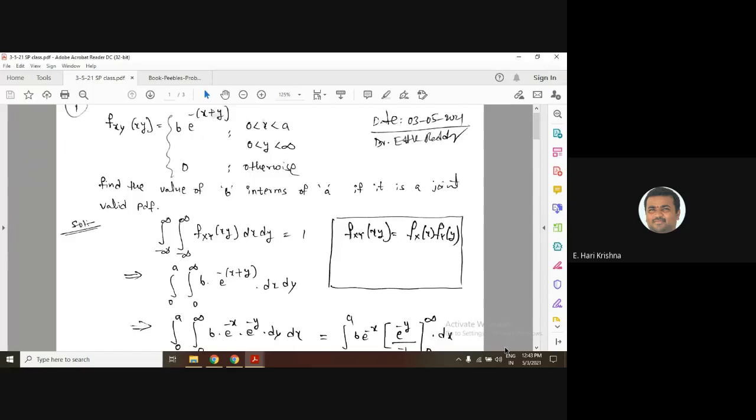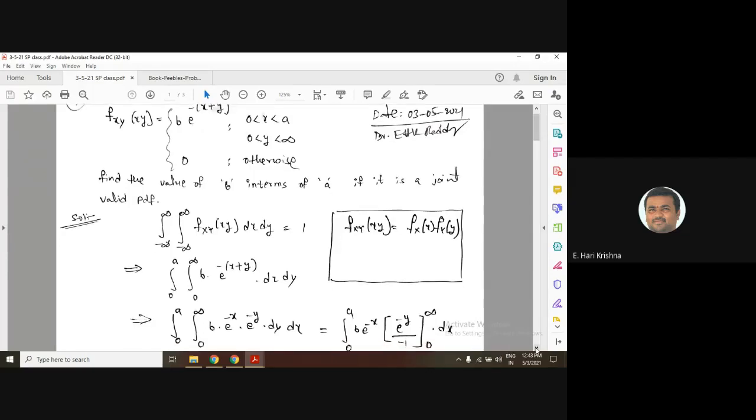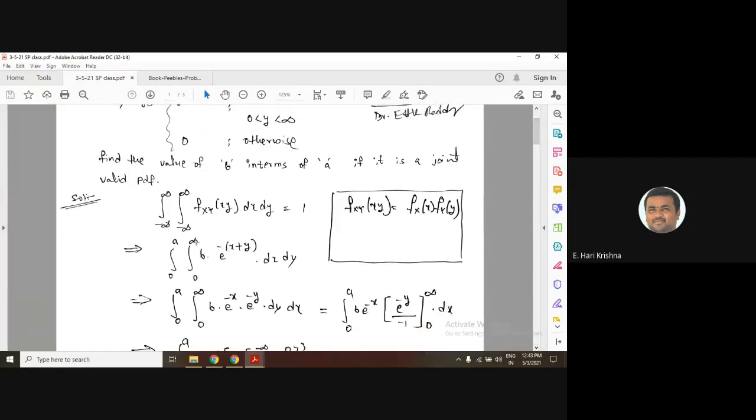In the next line, I slightly modified it, just expanded it as e power minus x, e power minus y, and dy is written first. First I am integrating with reference to y.